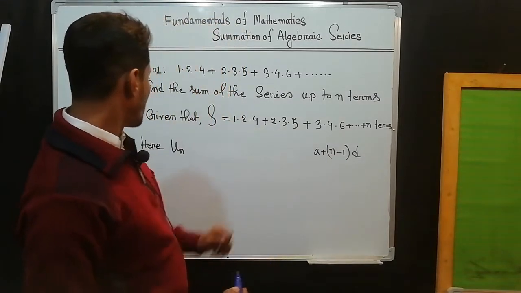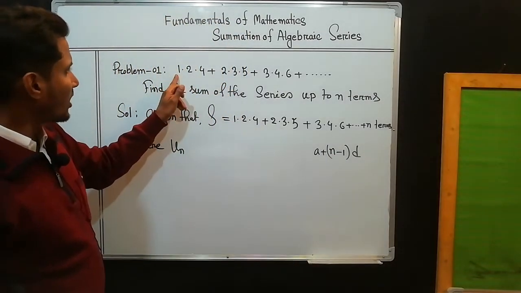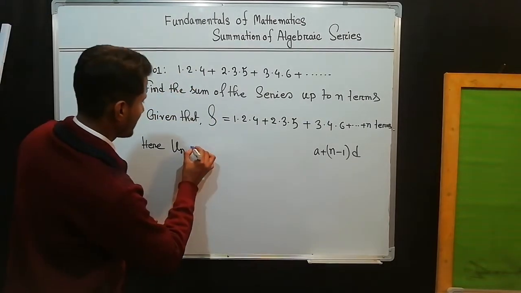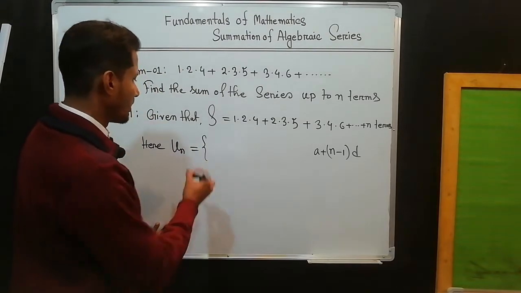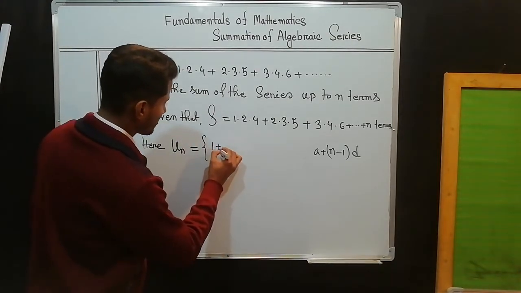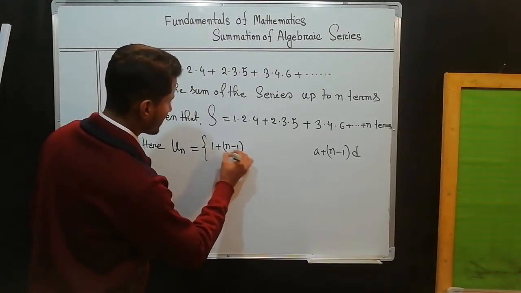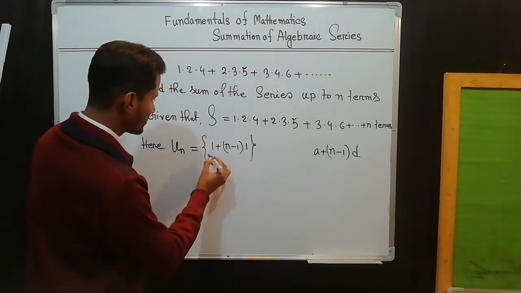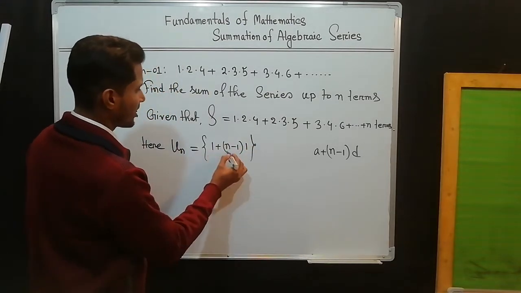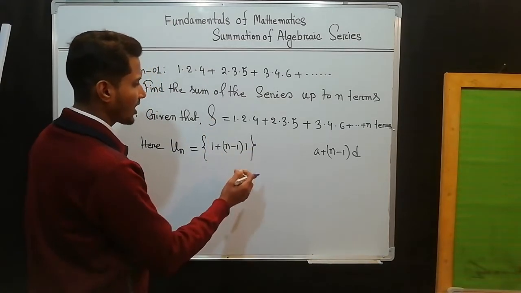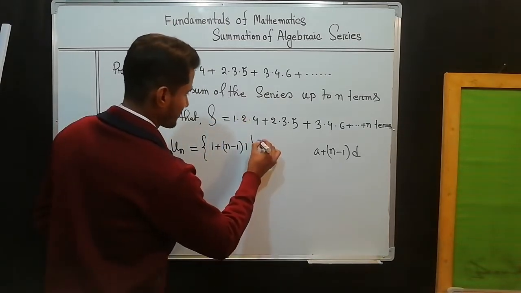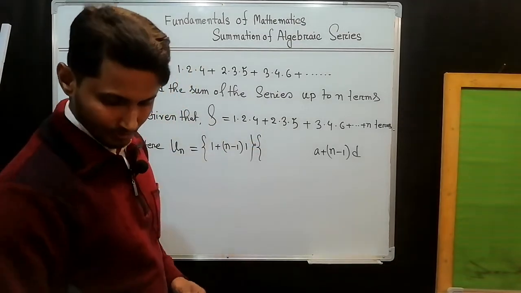So we write it: Un equals, firstly, take the bracket (1 plus (n minus 1) into 1). Here the first term is 1, n is the number of terms and 1 is the difference.